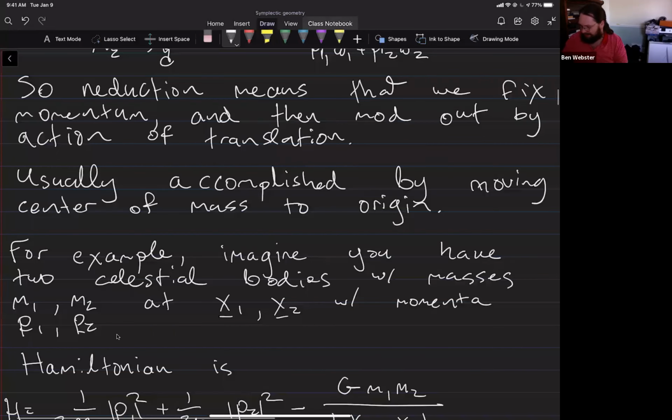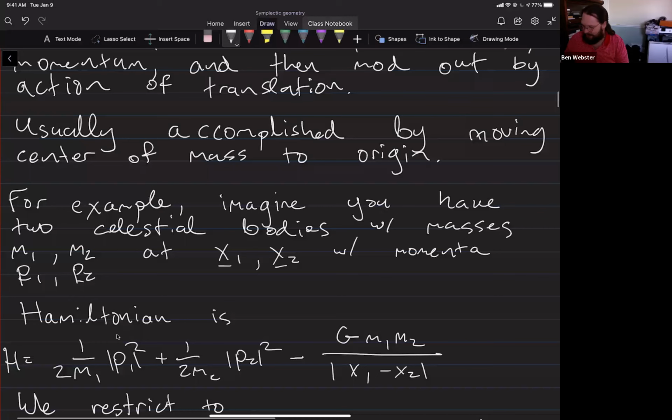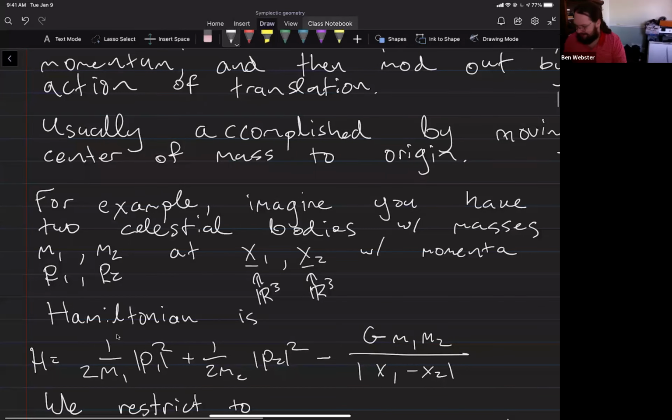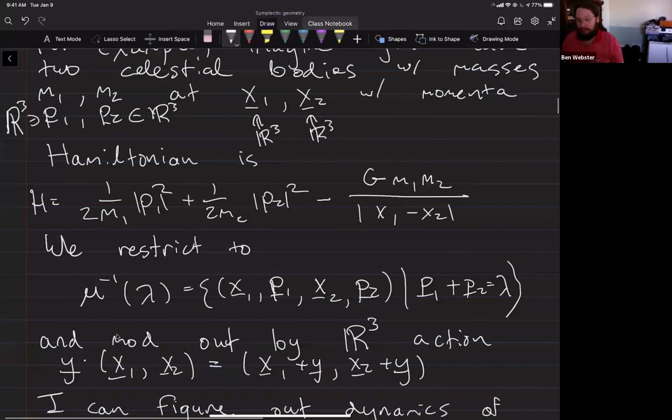All right, so just being a little more careful here, let x1 and x2 be, remember, these are vectors in R3, which are the positions of my two bodies. I'll just keep saying the sun and the earth because that's a little easier to say. And these guys also have momentum. All right, and as I said, I'm going to use standard gravitational potential.